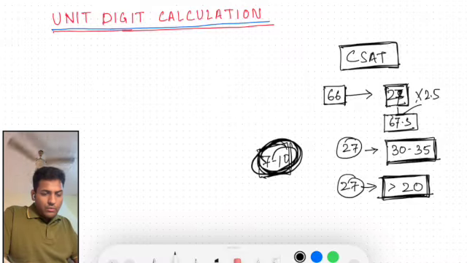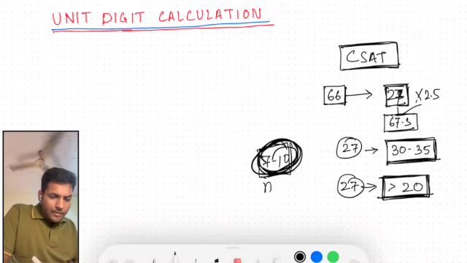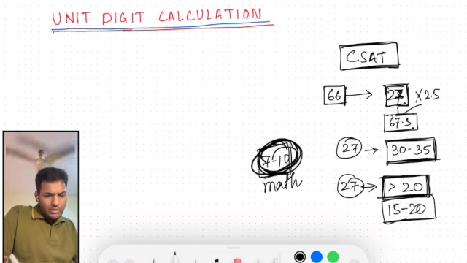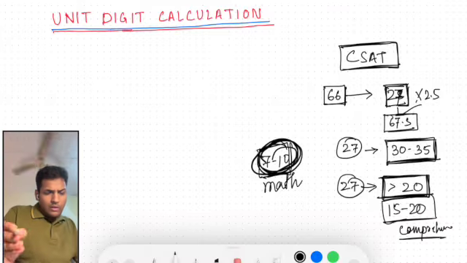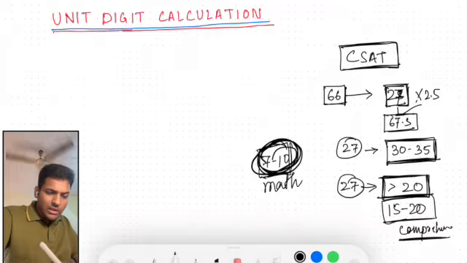If only 7 to 10 questions are required from maths, and you can get 15 to 20 questions correct from the comprehension part, then what is the problem? The problem is finding these 7 to 10 questions.